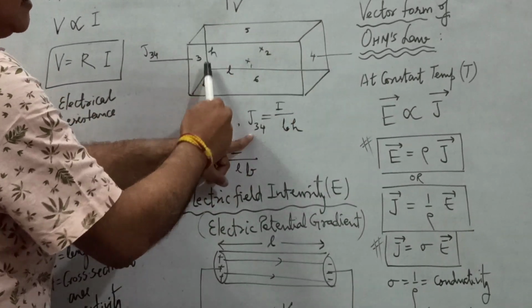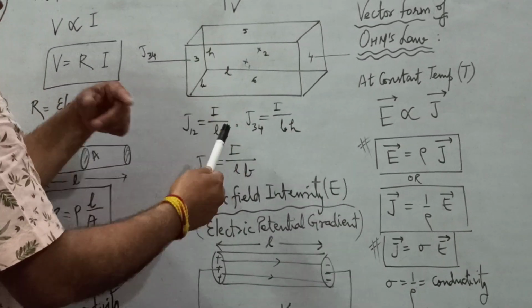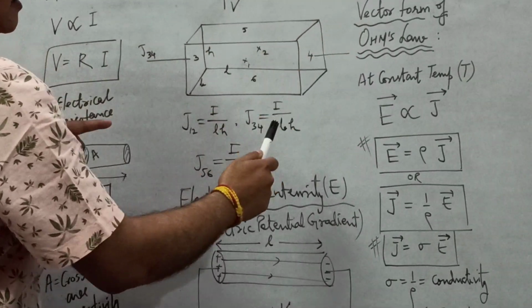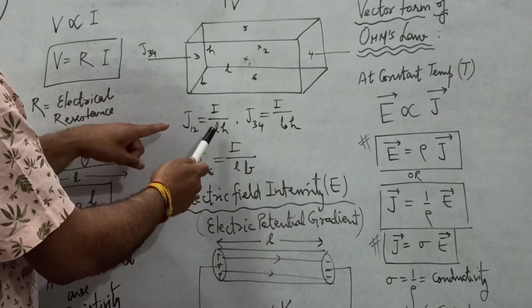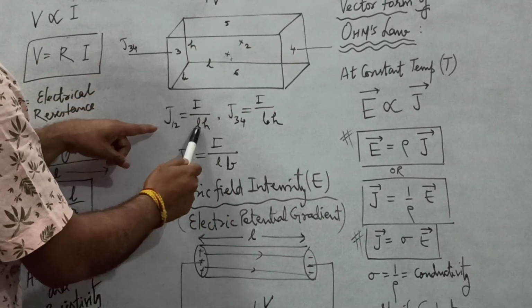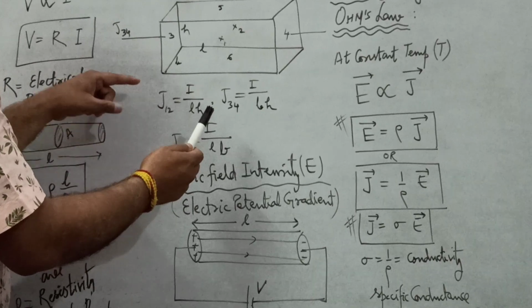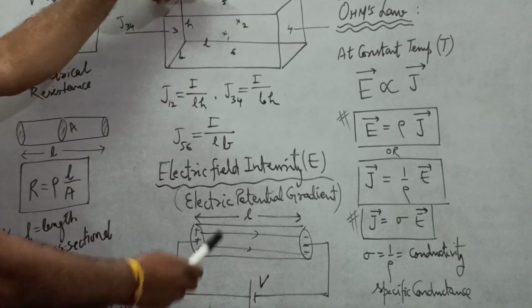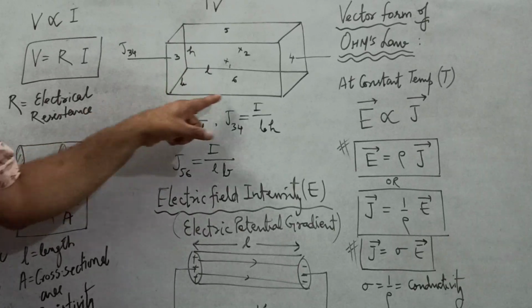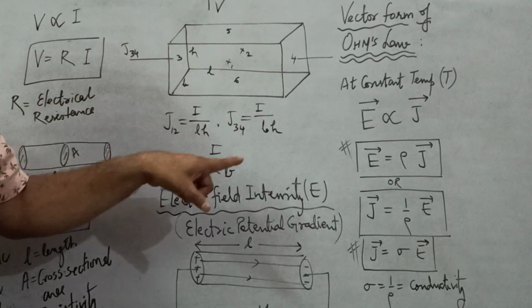This area is going to be B into H. If the current sources are connected across the front surface and the surface which is behind, well, in that case, the cross-sectional area would be the front surface or back surface, that is LB. And if the current source is connected across surfaces 5 and 6, in that case, the cross-sectional area is going to be the lower surface or the upper surface, which is L into B.